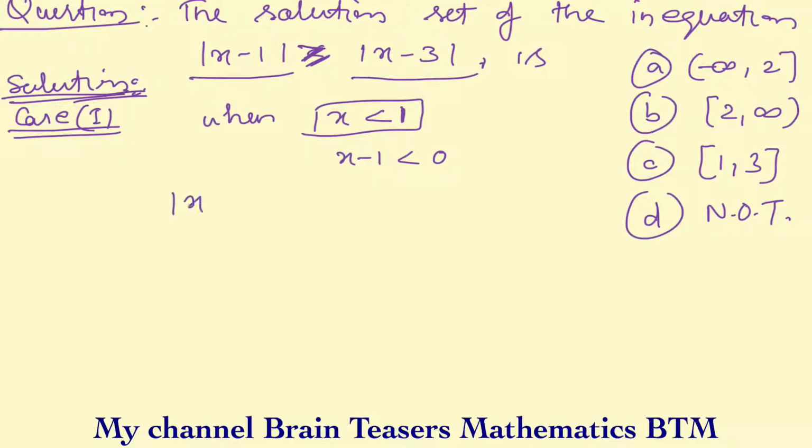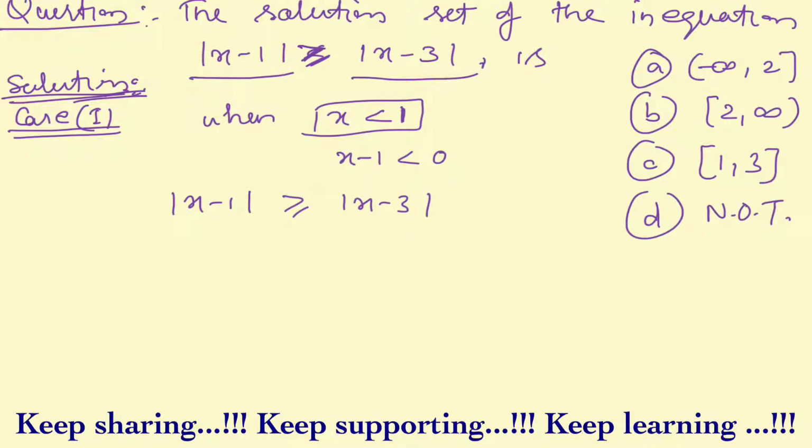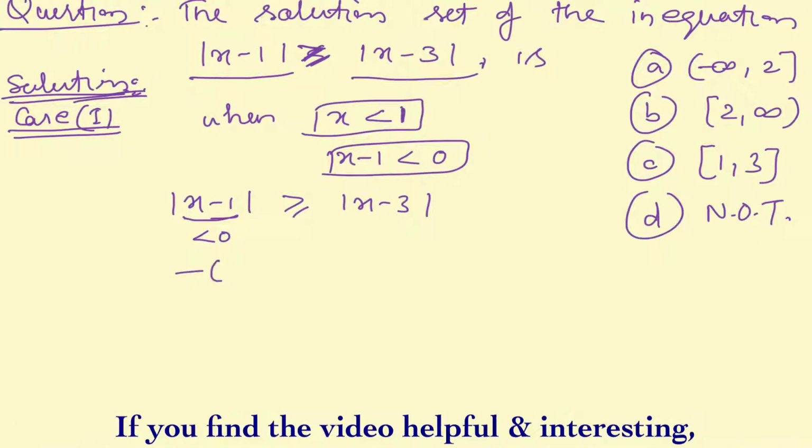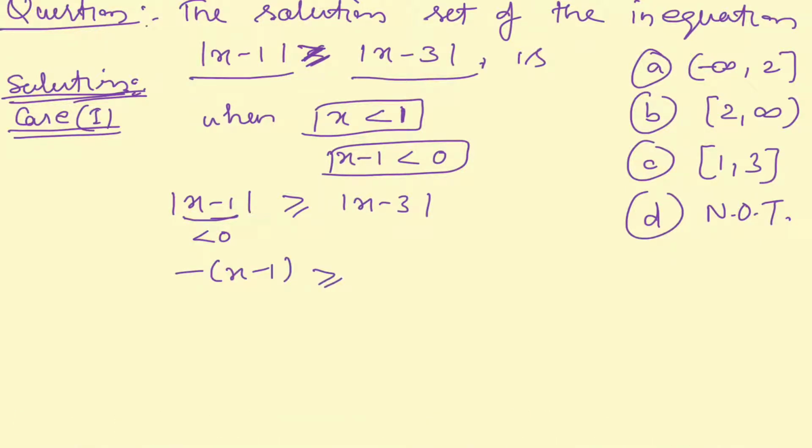That means in mod of x minus 1 greater than or equal to mod of x minus 3, if x is less than 1, say 0 or minus 1, then whatever you subtract, this whole quantity will be negative, and x minus 3 is also less than 0. So both open with a negative sign. That is minus x plus 1 greater than or equal to minus x plus 3.